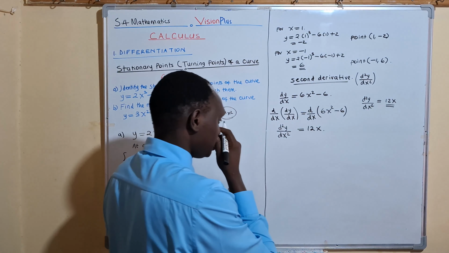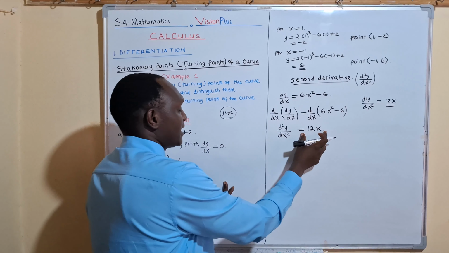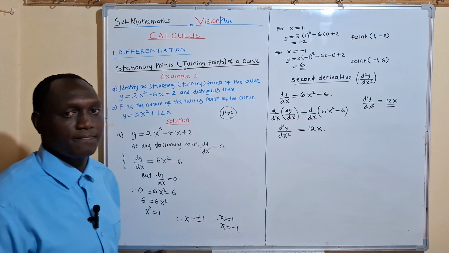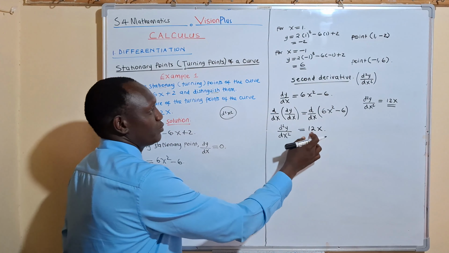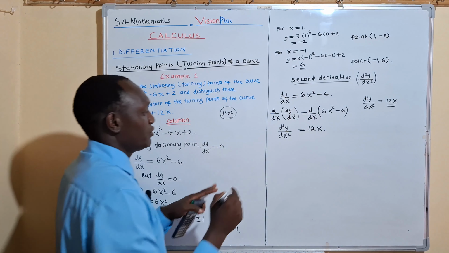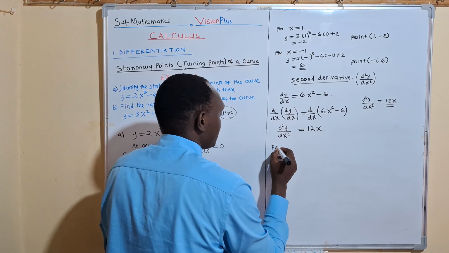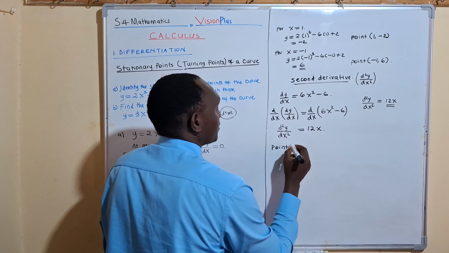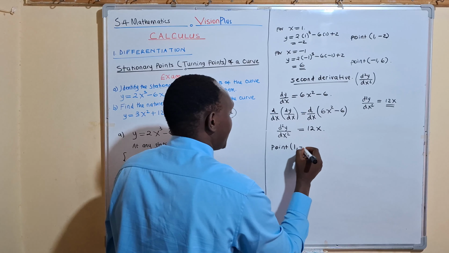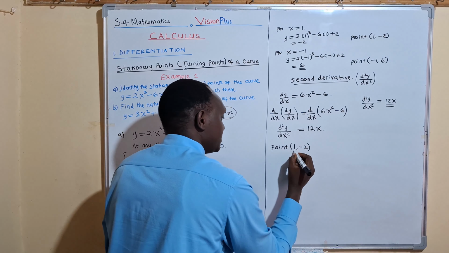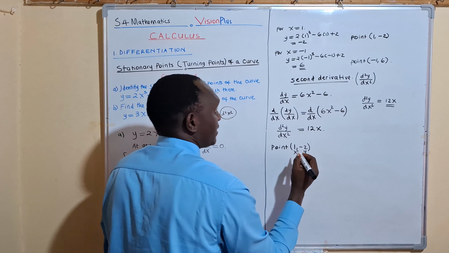So after getting the second derivative, now we need to test for the points. I'm going to start testing the first point, but you can choose any. Let me start with the point (1, −2). Remember, this is the value of x, this is the value of y.